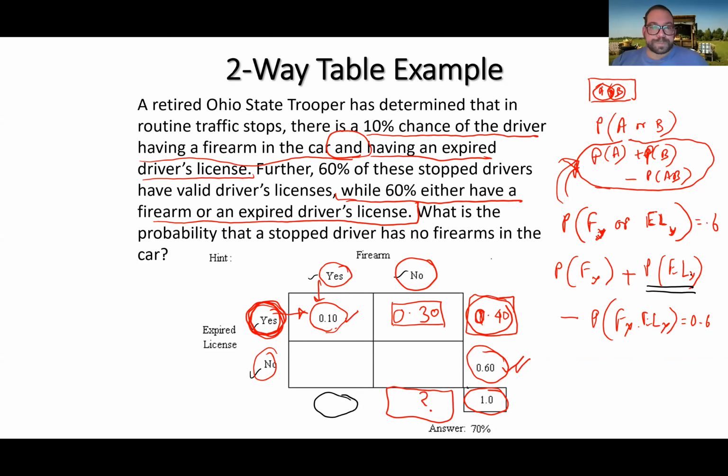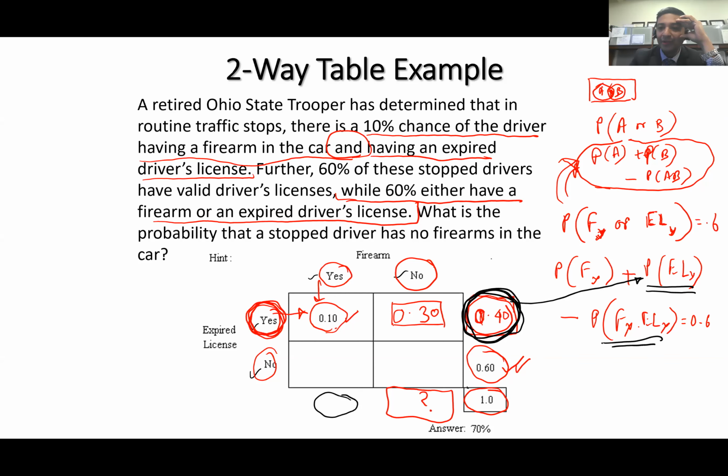Somebody. Ashley? 0.4. So that is basically the probability that somebody has an expired license. So what's the probability that somebody has a firearm and an expired license? What about this guy here? Is it given in the problem that somebody has a firearm and an expired license? That's this 10, right? Right.